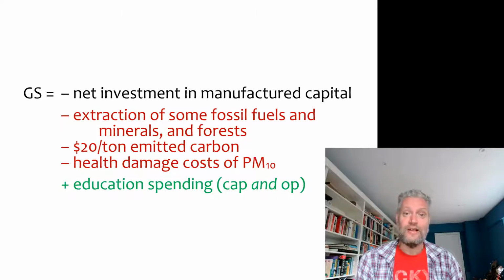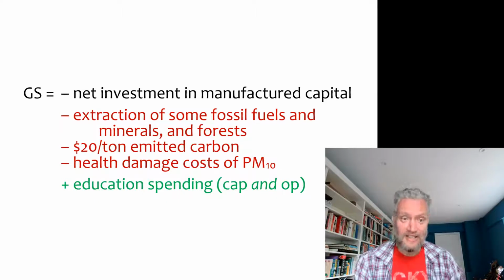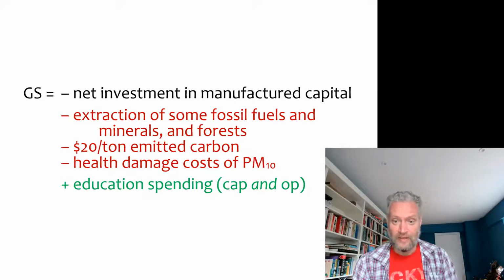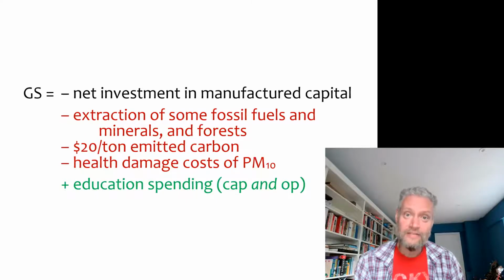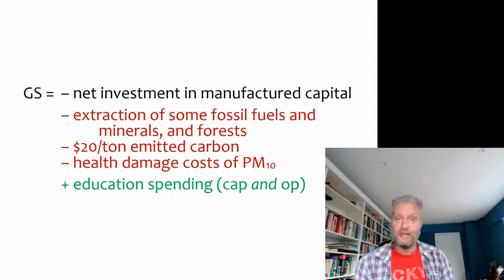Then in terms of the environment, they only include CO2 emissions, and they value that at $20 per ton, and they only include the health damage costs of PM10, particulate matter. That is small but not very small. Other pollutants are excluded.